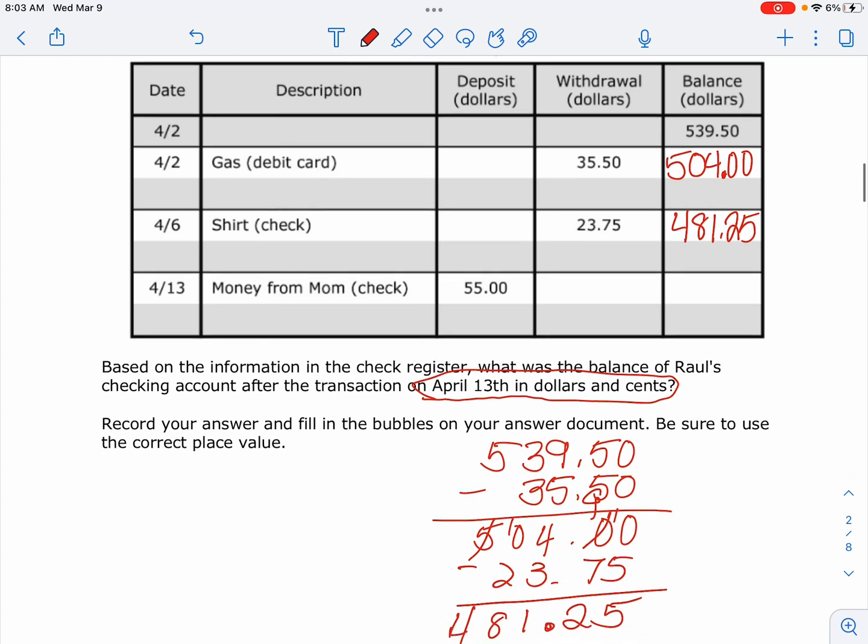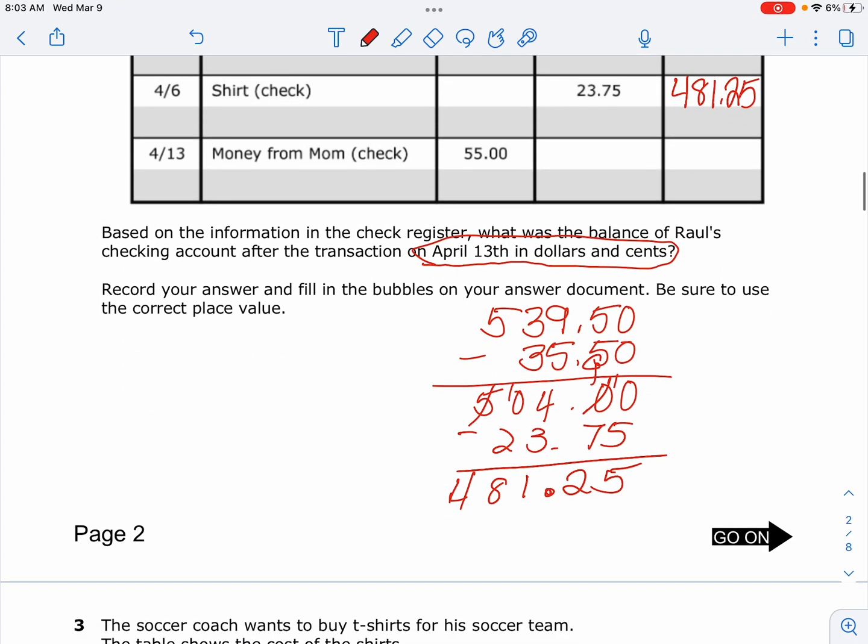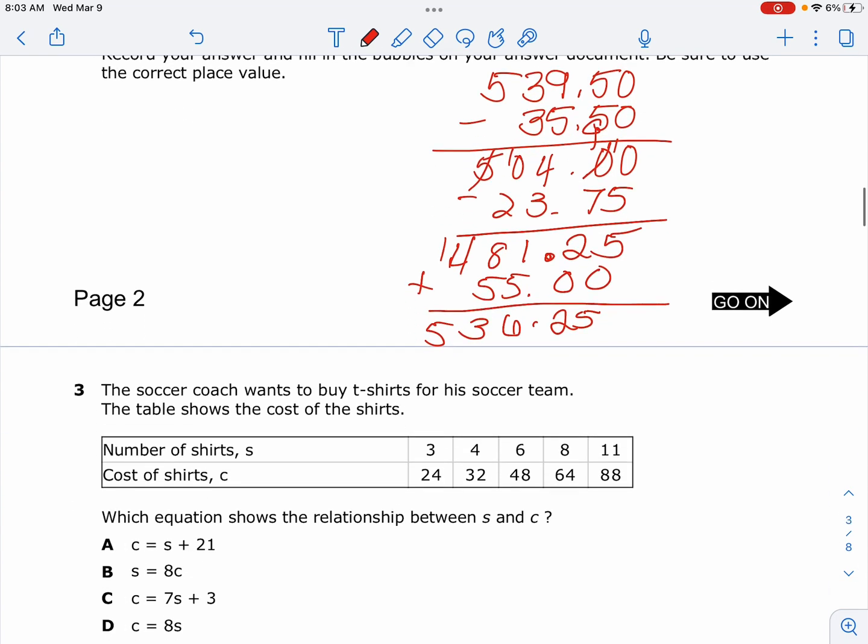And then he gets money from his mother, which is a check, so he makes a deposit. So we add $55 back in. So $536.25 is his ending balance.